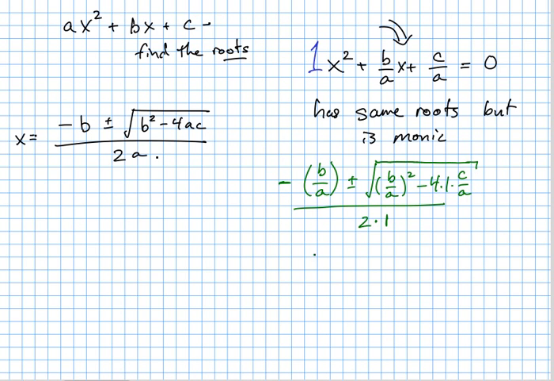And that would be, if you simplified, b squared over a squared minus 4 times c times a, or a times c, and then minus b over a, and of course over 2.